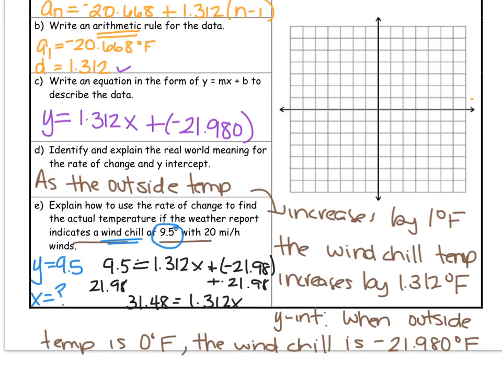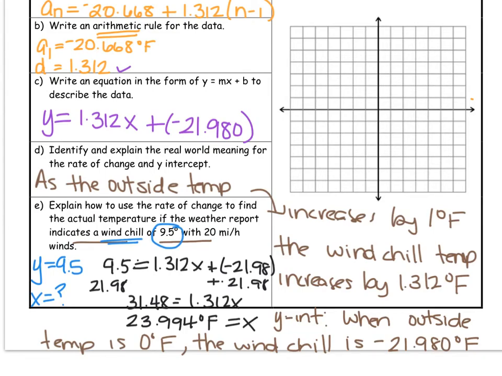Solve for x, and we get 23.994 degrees Fahrenheit. That's the actual temperature when the wind chill temperature is 9.5 degrees.